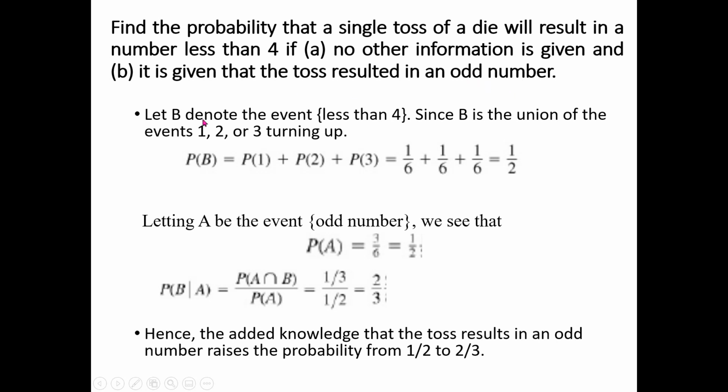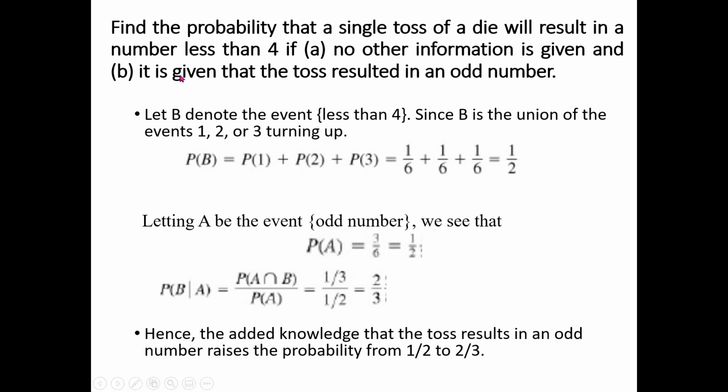Let's denote by event B the event that the outcome is less than 4. You can see that there are 3 possibilities, 1, 2 and 3. On a die, the probability of 1 is 1 by 6, of 2 is 1 by 6 and so on. So 1 by 2 is the likelihood that we will get a number less than 4, right? 1, 2 and 3 are the numbers that are less than 4.